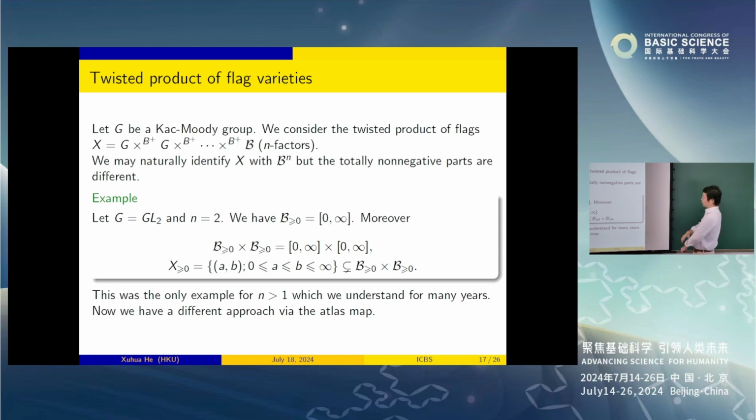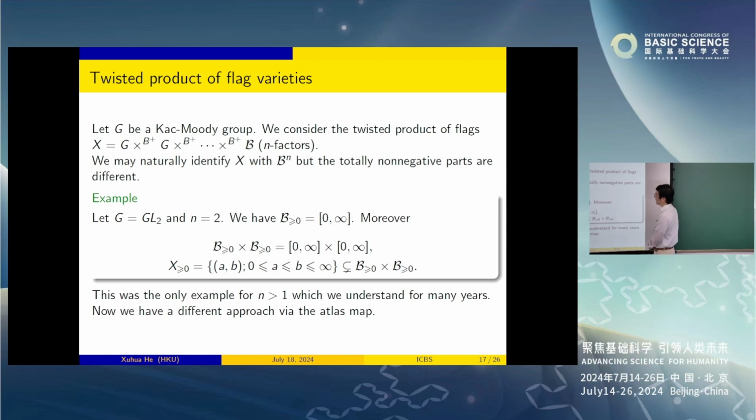But before that, I want to talk about the so-called twisted product of flags. We can consider n factors. We start with G, and we have this B plus, with B plus acting on the right and on the left, and we form this so-called twisted product.